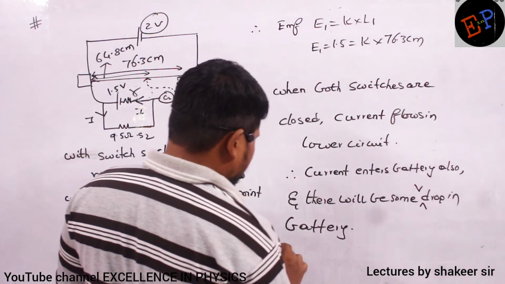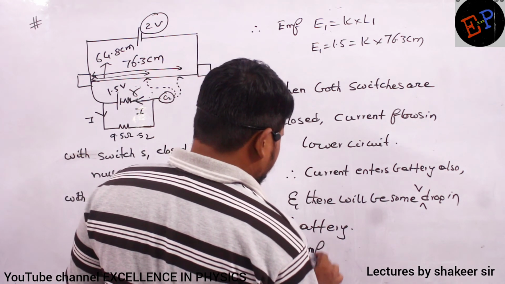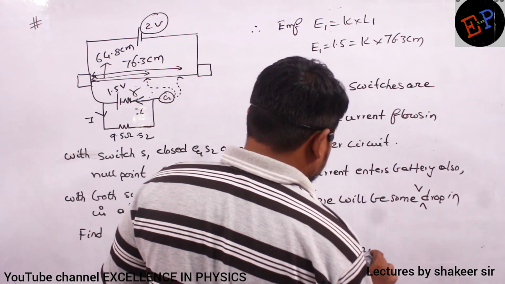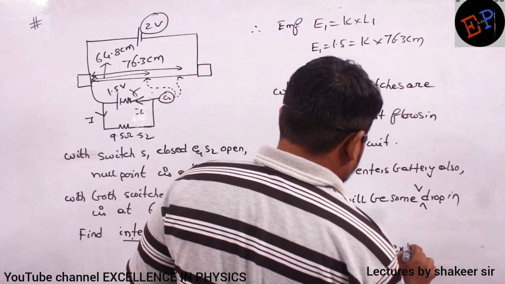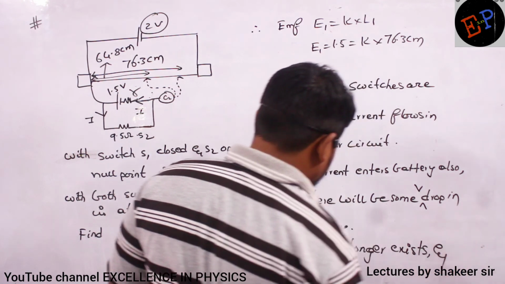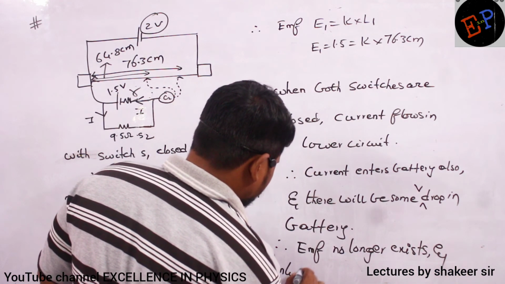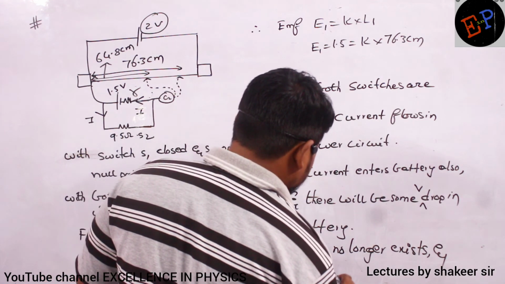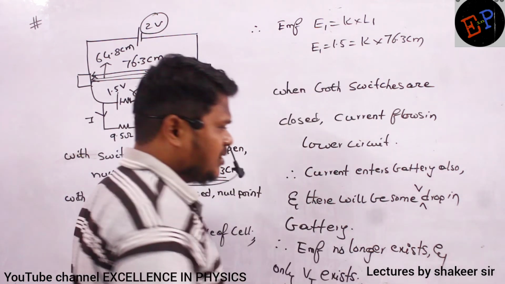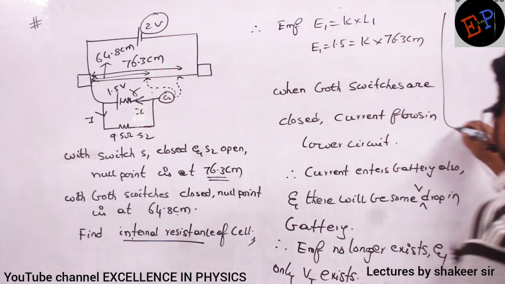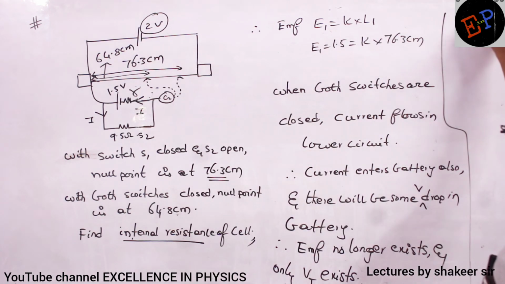Clear, no? Therefore, EMF no longer exists and only terminal potential exists. Only terminal potential will be there, no? And we know that terminal potential is equal to E minus I into R. Therefore, terminal potential is definitely less than EMF.